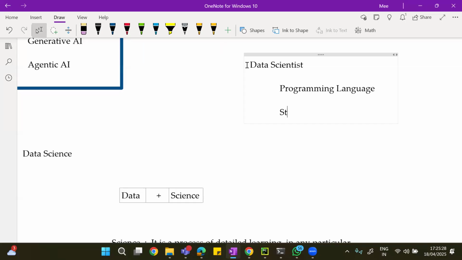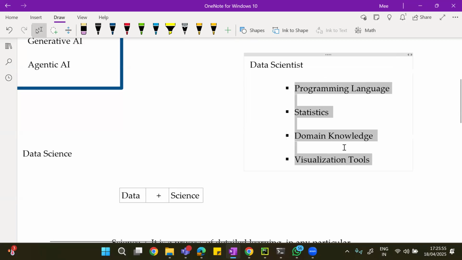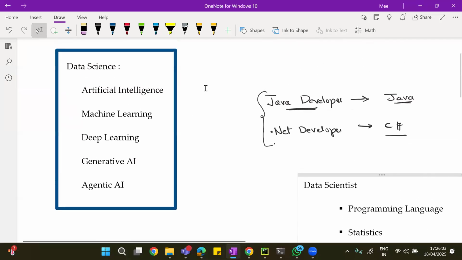Next, as I told you, you have to be aware of statistics. Third, if you have domain knowledge, that would be a big advantage. And if you have some visualization tools, that would be good. These are the multiple things we have to know, because to perform any of these things, the data is mandatory.